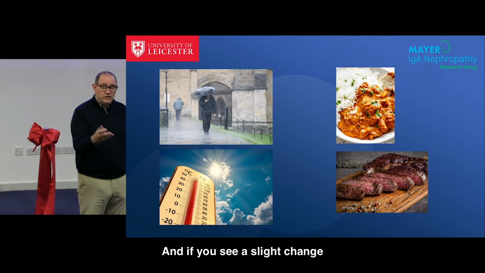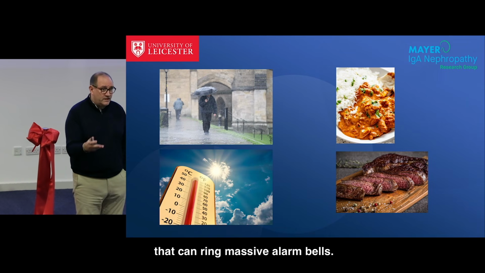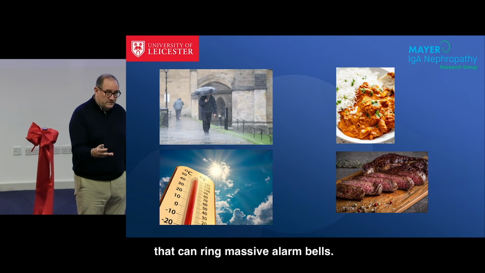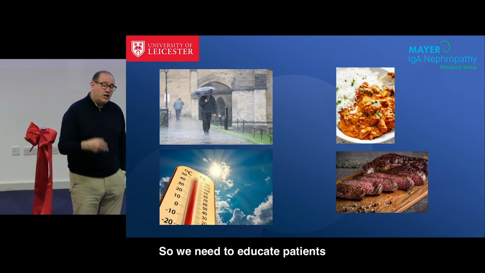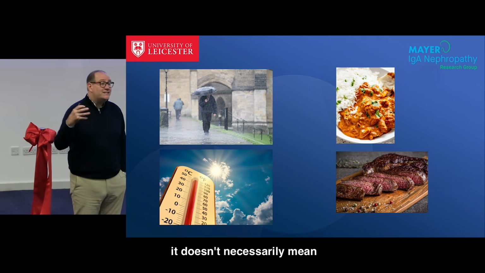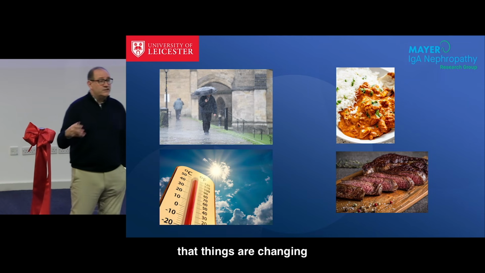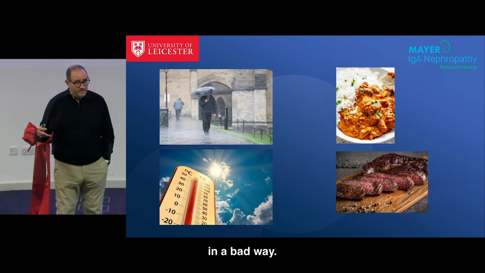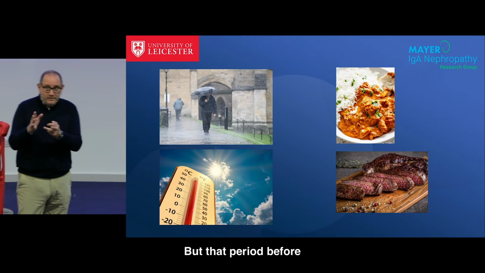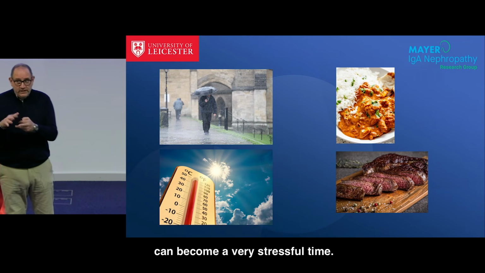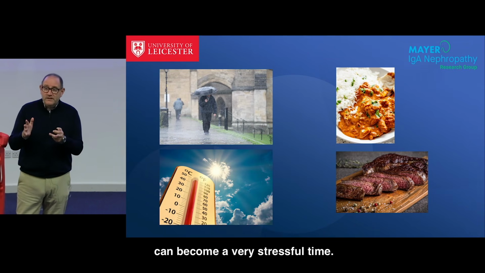If you see a slight change in your creatinine or proteinuria, that can ring massive alarm bells, but actually, when I look at it, I'm pretty relaxed. So we need to educate patients to understand it doesn't necessarily mean that things are changing in a bad way. You might only have your blood test done once every 3 months, but that period before your clinic appointment can become a very stressful time.